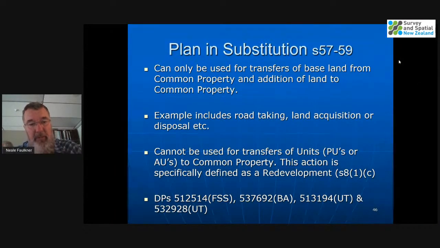We did a fee simple subdivision to separate the two towers, and then we did a unit title subdivision of the existing building. When we came to do the unit title subdivision of the new building, it was found that part of that building had been built over the boundary. There were some encroaching elements over the boundary. So we had to do a boundary adjustment at fee simple level. In that situation, we did 537692 as the boundary adjustment plan.